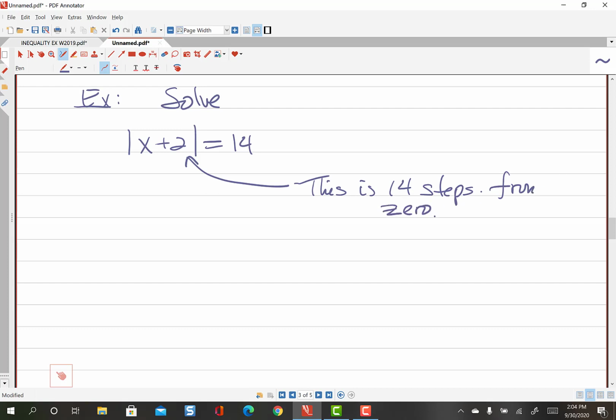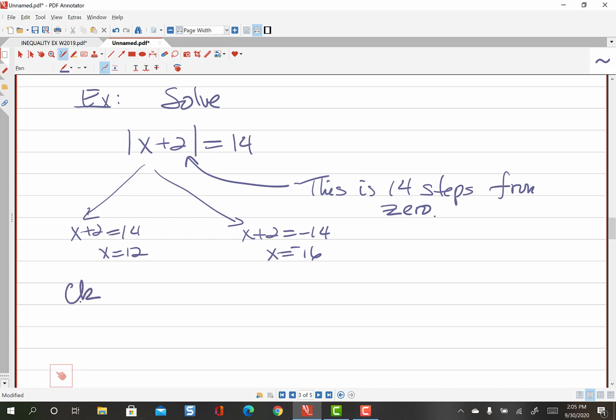So when I take off the absolute value signs, you have to realize that x plus 2 could be equal to 14, or x plus 2 could be equal to negative 14. It's 14 steps from 0. It could be on either side. If I subtract 2, I get that x is 12. If I subtract 2 from the other equation, I end up with x is equal to negative 16.